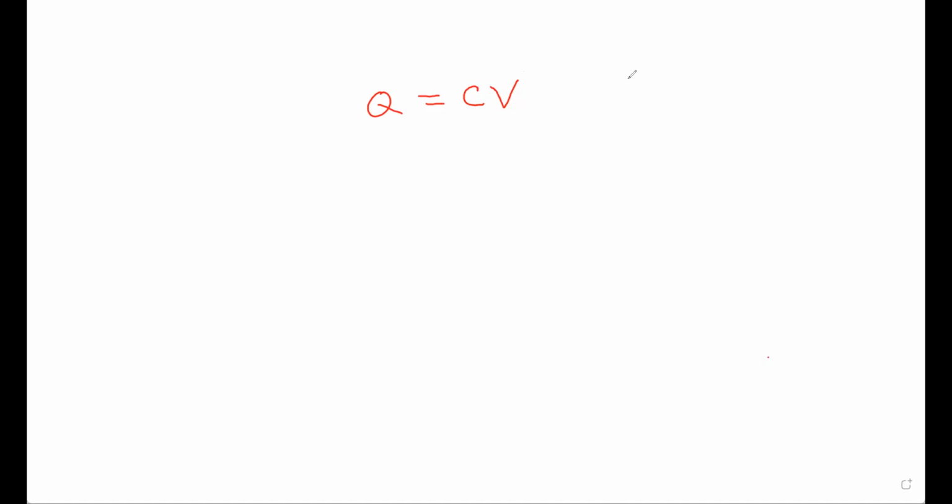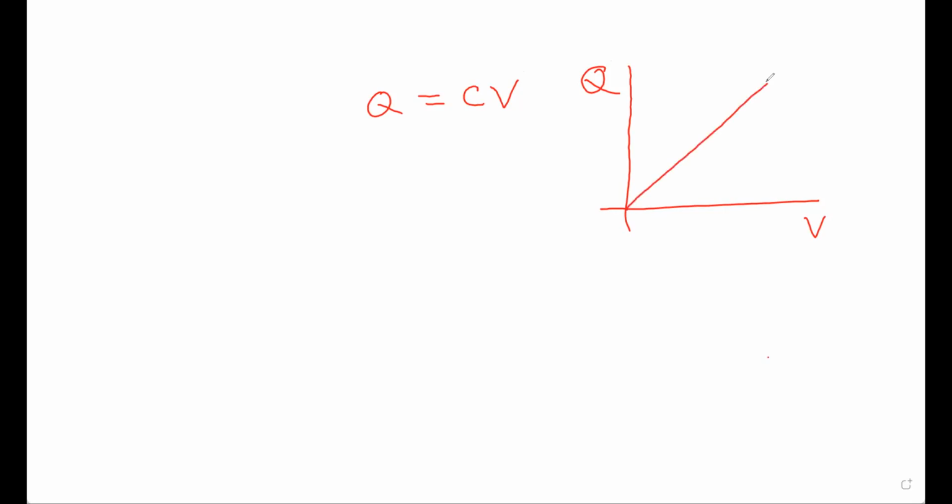Now if I draw this equation, we'll get something like this. If Q, the charge, is on the vertical axis and V is on the horizontal axis, we see a graph something like this.